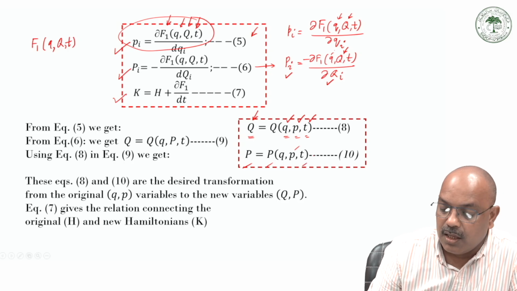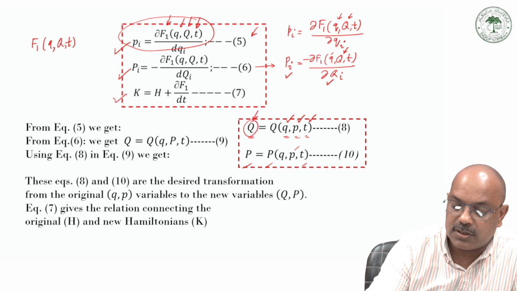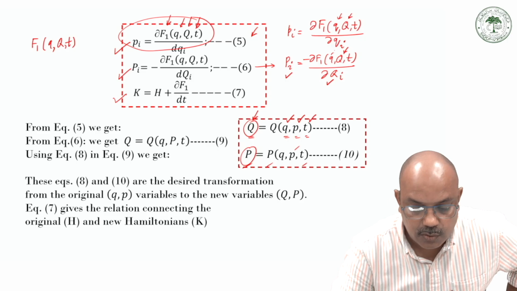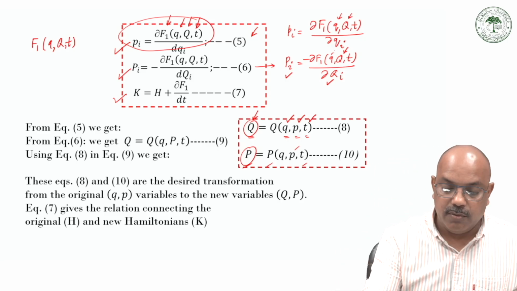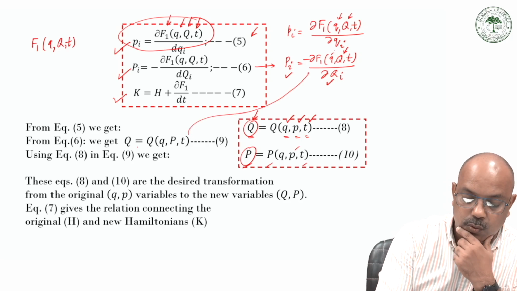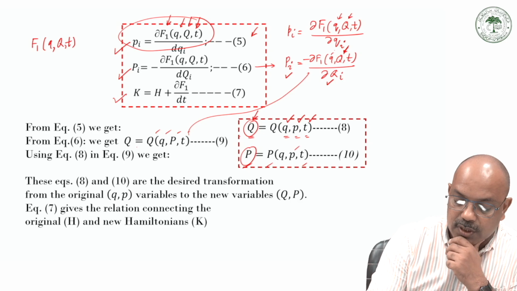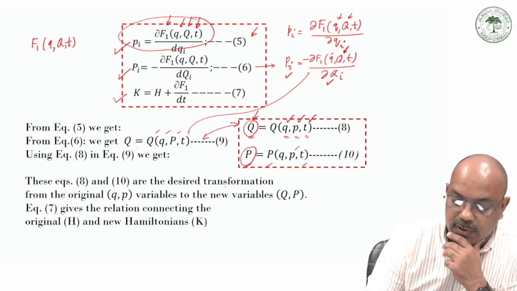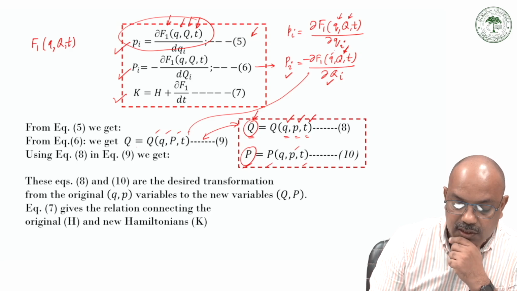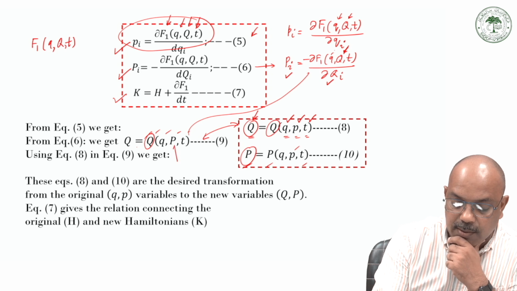Okay, why I'm writing this is because we need small q and small p in terms of Q, P and t. So here from equation 6, what you're going to get is Q in terms of q, p and t. And then from these two equations, if you get rid of this q from these equations, what you're getting is capital P here.